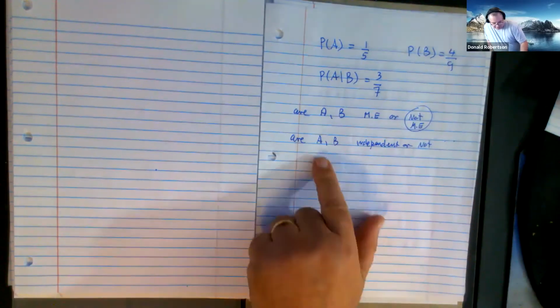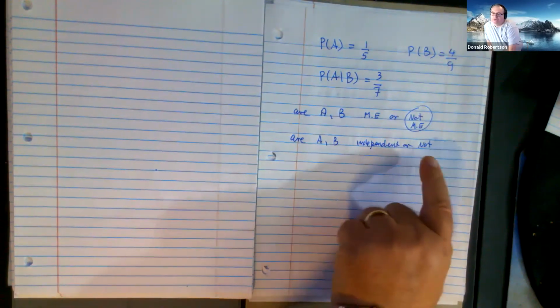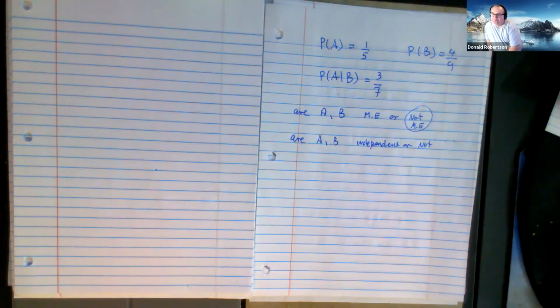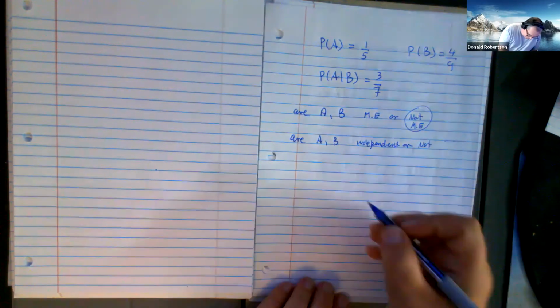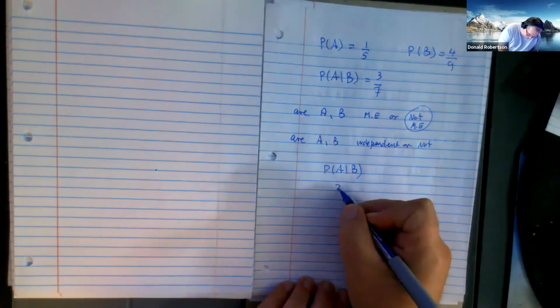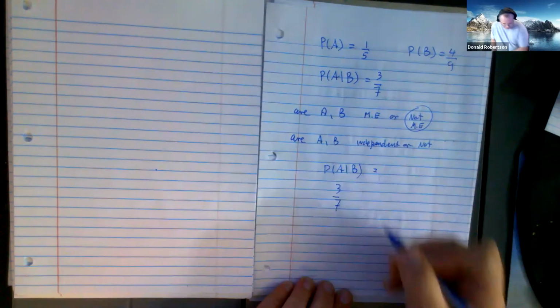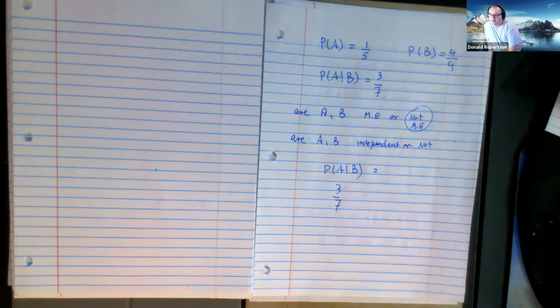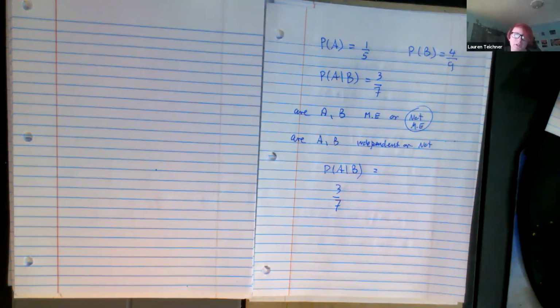Okay. Are A and B independent or not? Correct. You're shaking your head, Lauren. Tell me why. You're right. They're not independent, because they don't equal each other.